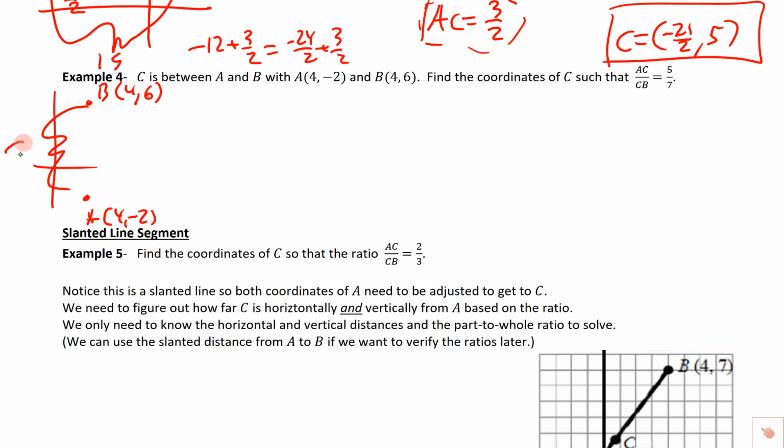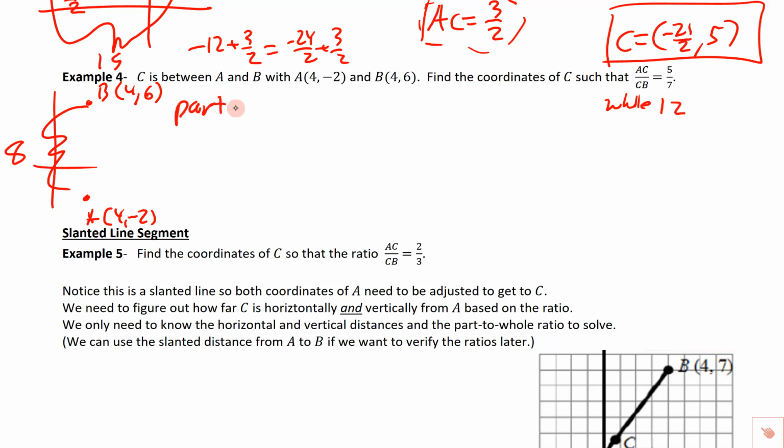It is 8. 6 minus negative 2 will give us 8. Crew, can you tell us how many parts in the whole? So that's the parts that are AC and the parts that are CB. So how many parts altogether? 13? Close. Oh, yeah, 12. There we go.